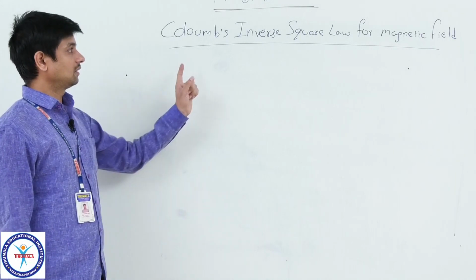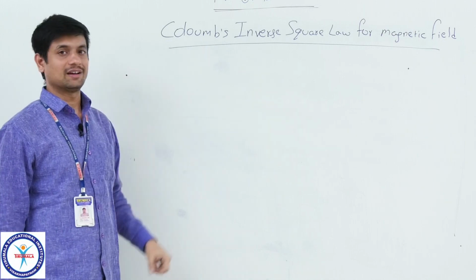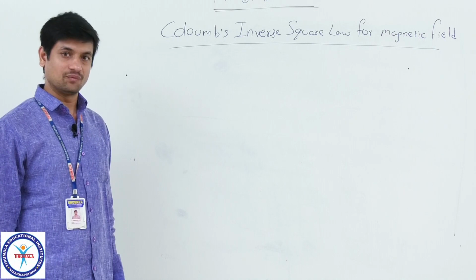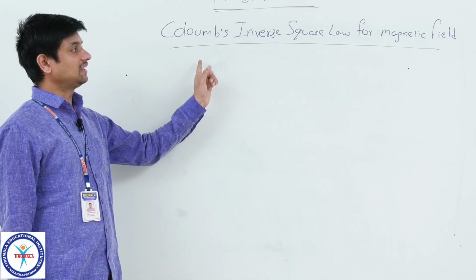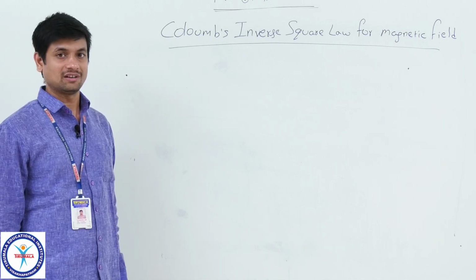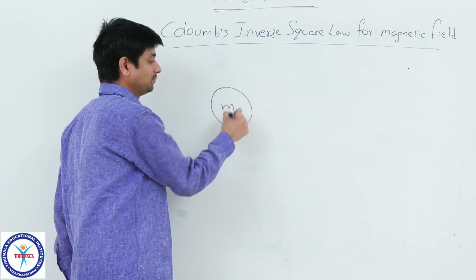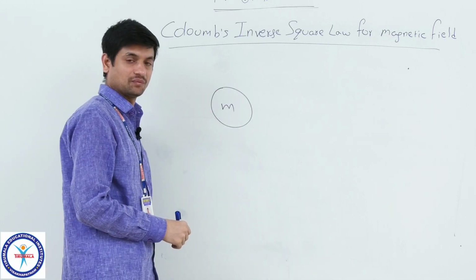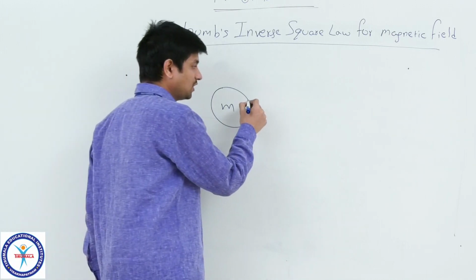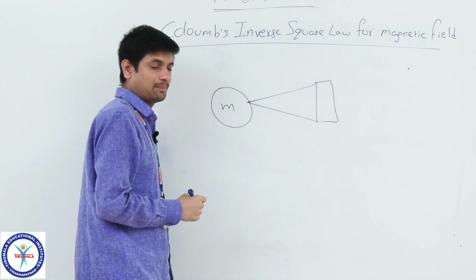Yes, we are checking Coulomb's inverse square law for the magnetic field. Inverse square law means any field effect, any force acting at some distance from a source. If we have a massive object, it has a gravitational field, so we will experience gravitational force. If you are going away from this one, what happens?